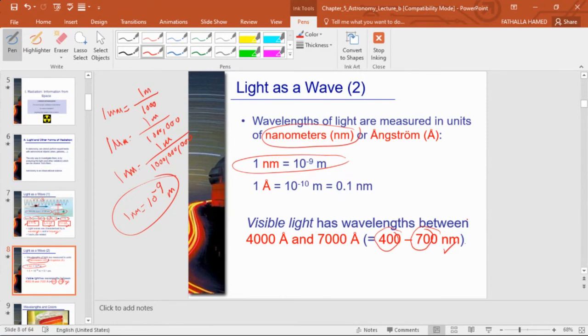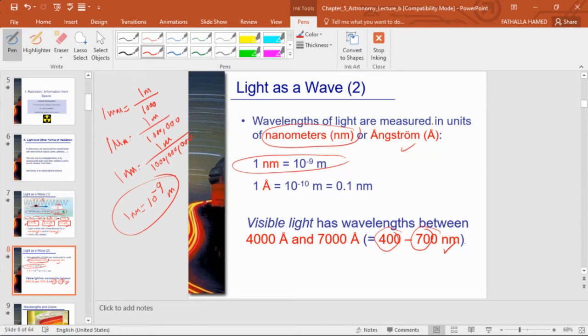Now, there is another unit that is used, and the unit honors Angstrom. It's written as A with a small circle above it, and it's smaller than the nanometer.